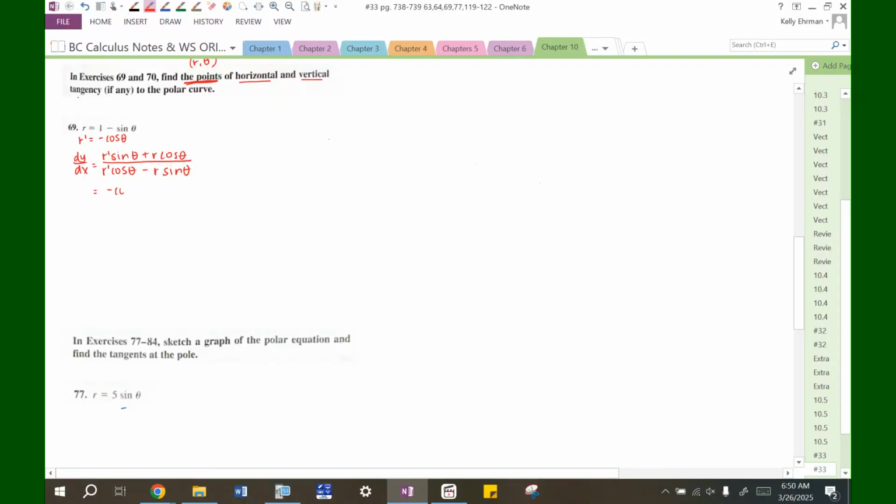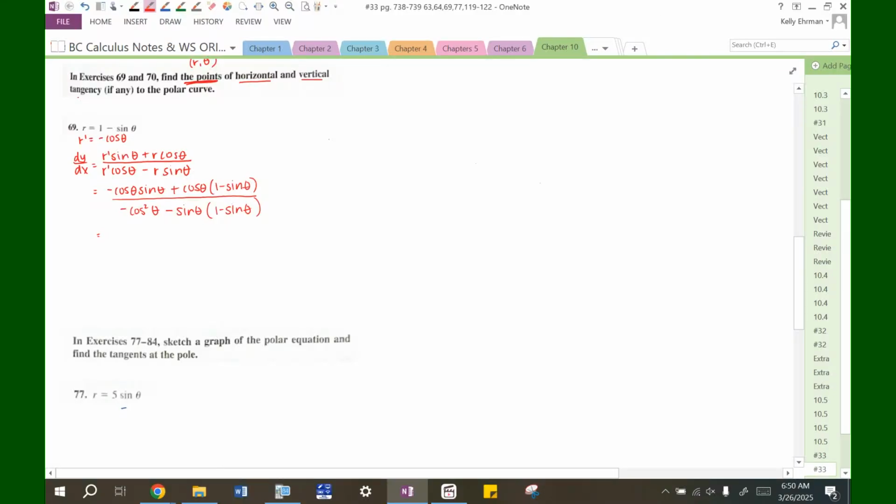So negative cosine theta times sine theta plus, put the cosine here, times r, 1 minus sine theta. I just like doing this because I will distribute. r prime, negative cosine times cosine is negative cosine squared theta, minus, put the sine out front, times r, 1 minus sine.